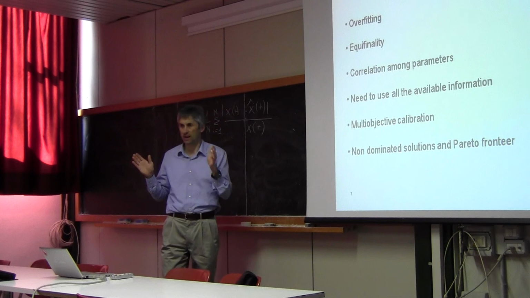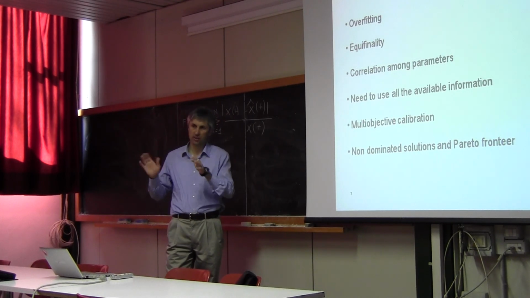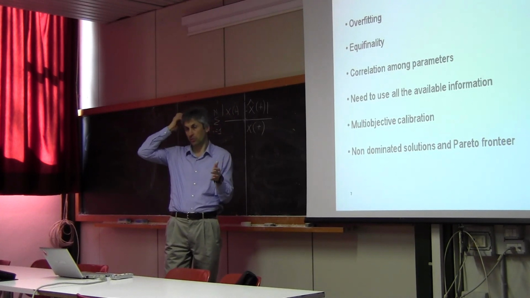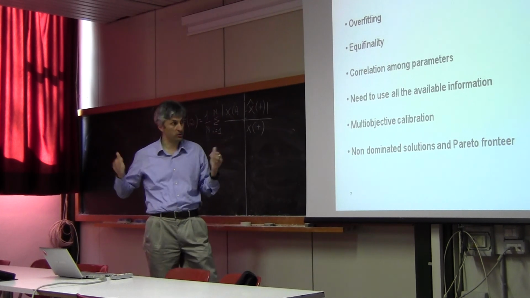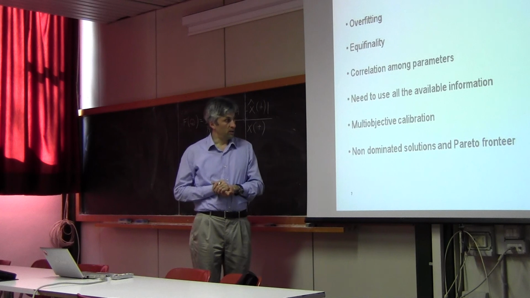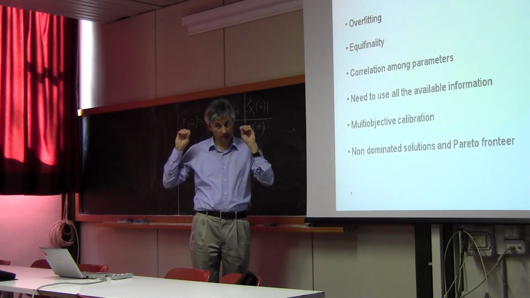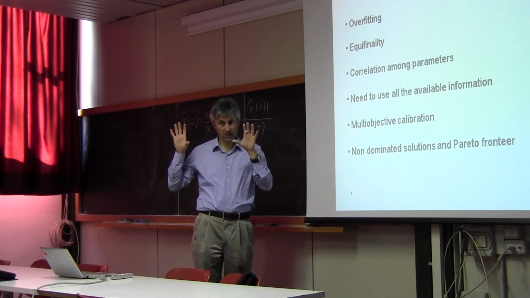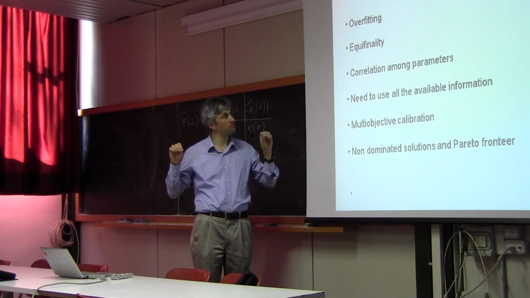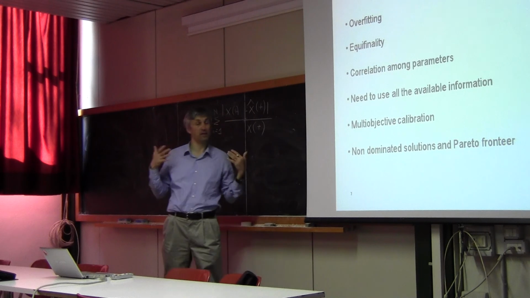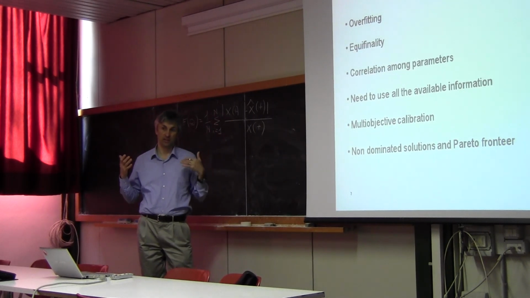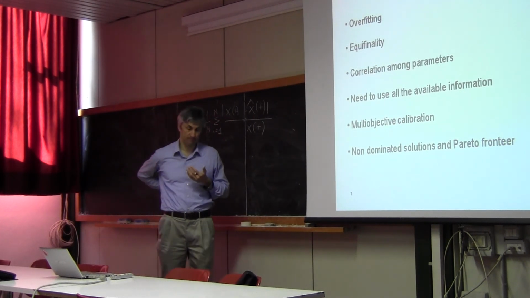We will see in R that we can use different alternatives for finding the optimum value of the objective function. But still, even if the procedure looks quite simple, there are some classical problems that are experienced during calibration. And let's have a look at these problems.